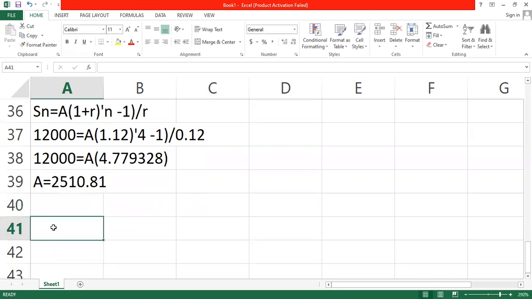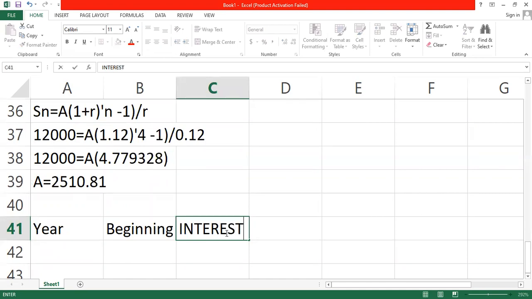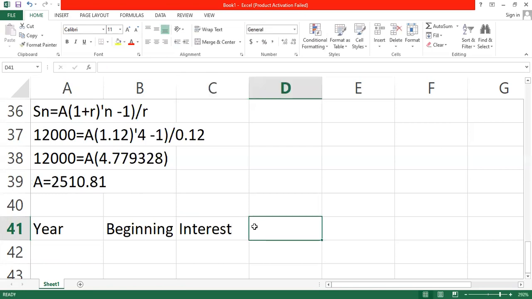Let's come to the schedule. You have the year, you have the beginning, you have the interest, you have the amount.